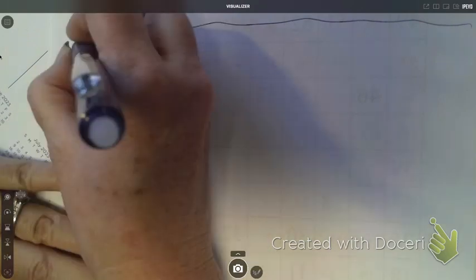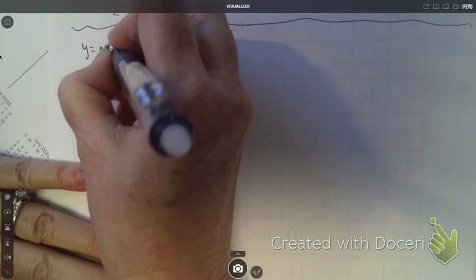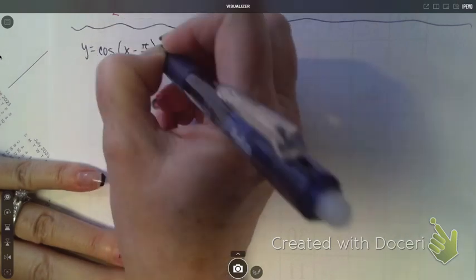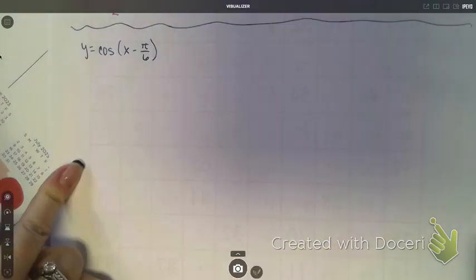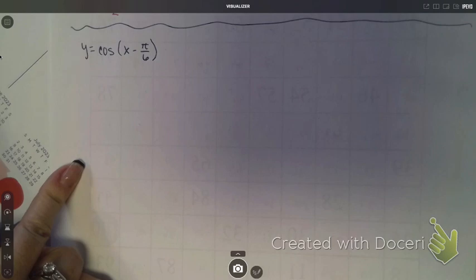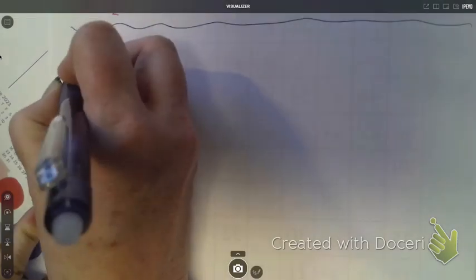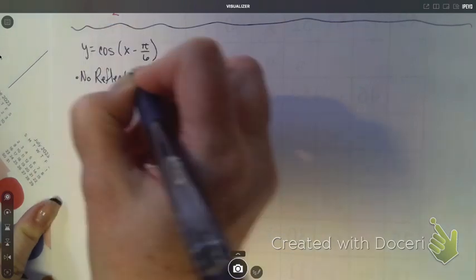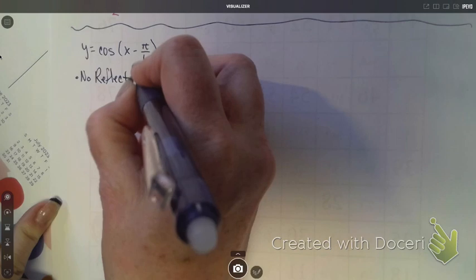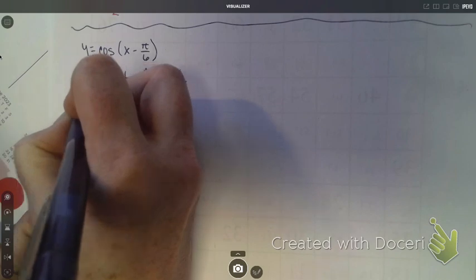So y equals cosine of x minus pi over 6. And this one says 1 complete cycle. So is it reflected? No. Amp? B? Oh, yeah.